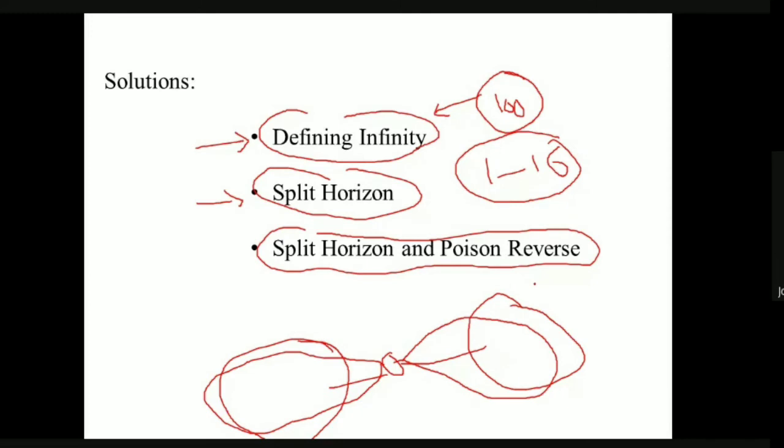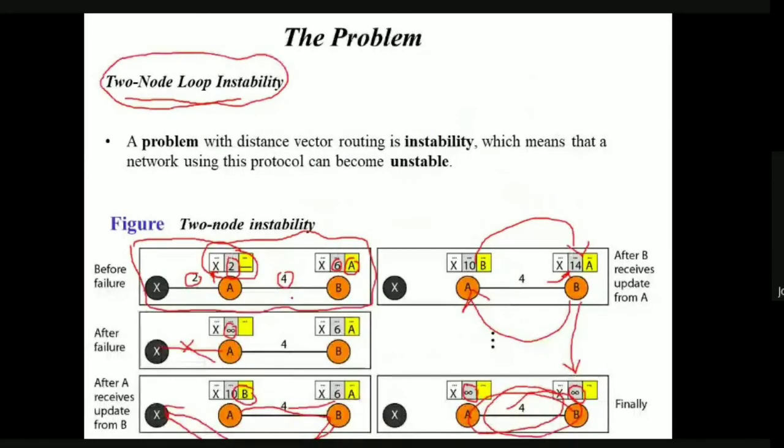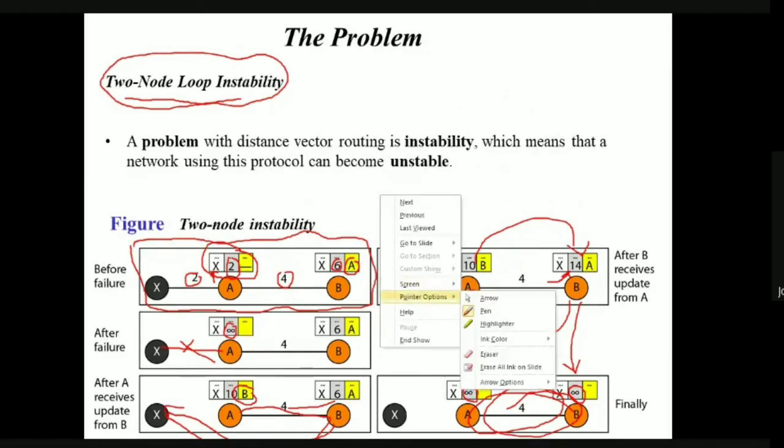Let us say in this example, B thinks that the optimum route to reach X is via A. I'm going to clear these values so it will be clearer.